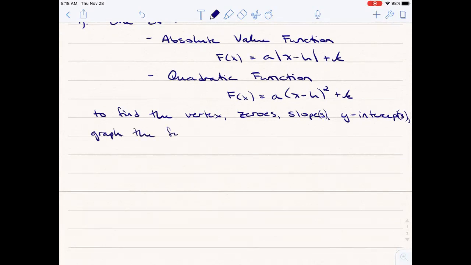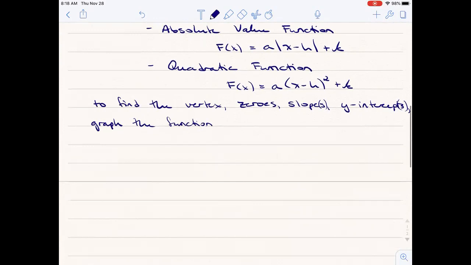Graph the function, and then state the domain and range.